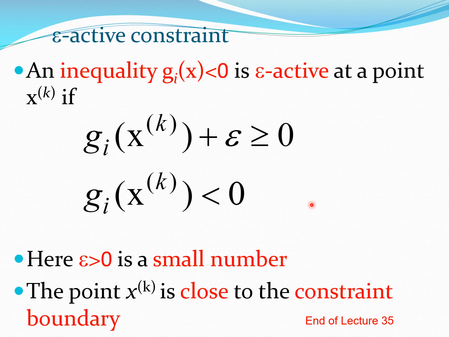You are close to constraint violation, or you have just violated the constraint. So you are in this particular boundary of the feasible region as far as typical numerical optimization is concerned, and that is why this particular concept becomes useful.